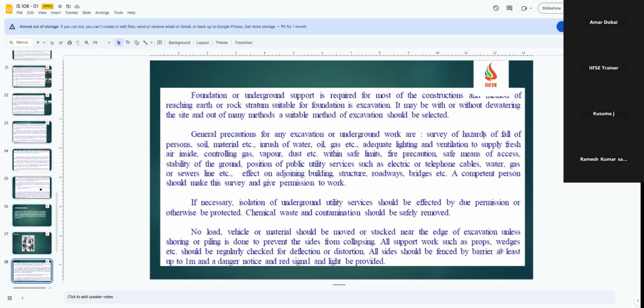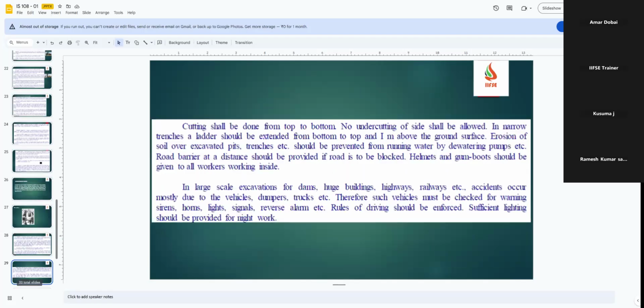All supports such as props, wedges, etc., should be regularly checked, and also for deflection or distortion. All the sides should be fenced by a barrier at least 1 meter away, and a danger notice or red signals, and also light to be provided. So in case of deep excavations, those pits have to be protected with a barricade with red color indication lights, especially at night.